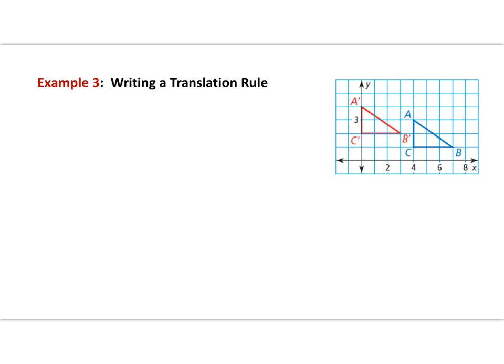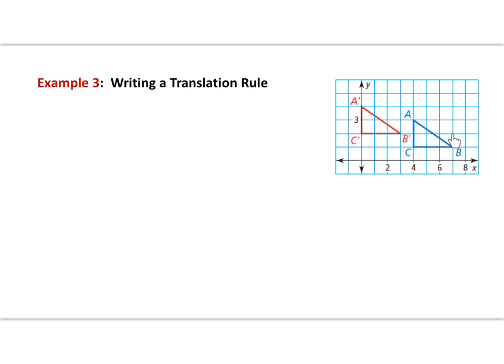All right, so let's take this image that we're given and write a rule. So you want to start with the pre-image, and our pre-image in this case is the blue image. A that doesn't have the prime symbol is your pre-image, so A, B, and C. And we can pick any vertex and decide how much it moved left, right, up, down. So it looks like it's moving up 1 and left 4.